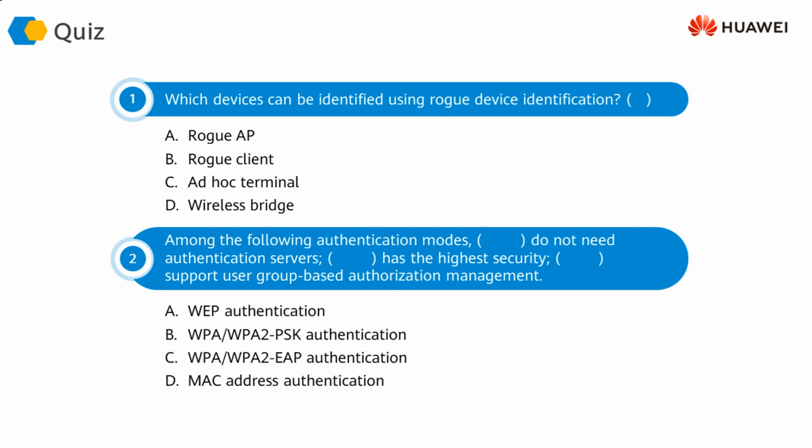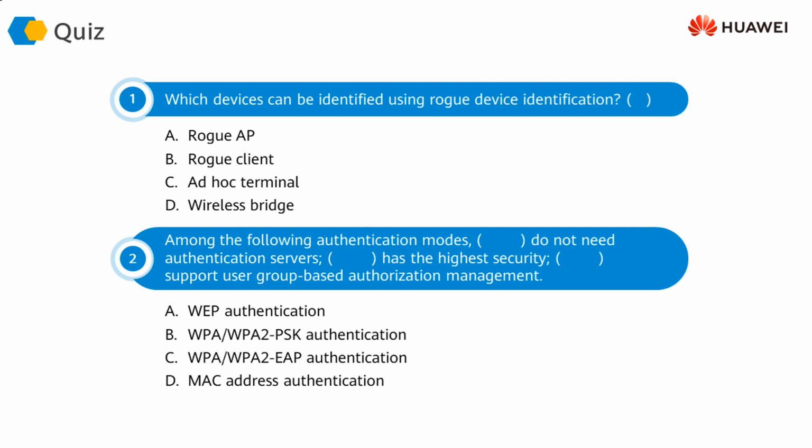Yeah, Dimitri is correct. It's A and B. If you remember, we could have no authentication in WEP, and even in WPA or WPA2 with PSK authentication, we can have no authentication.